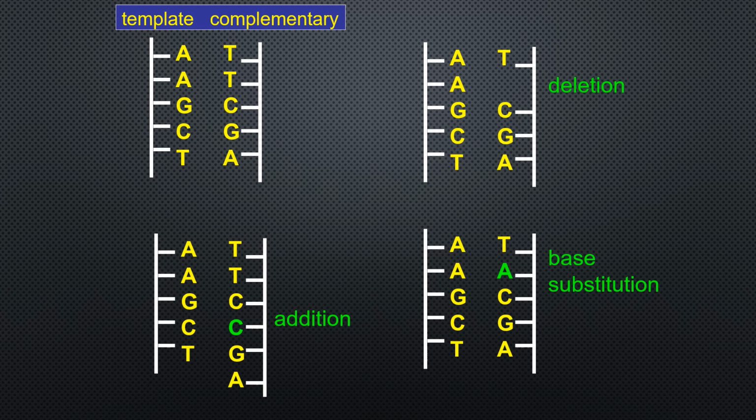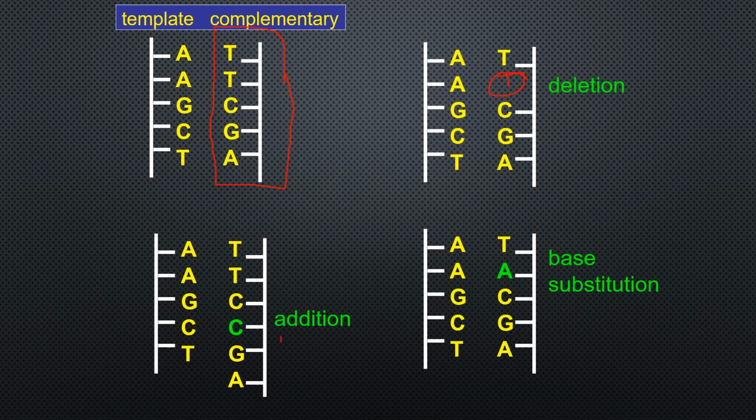Up here on the left is the correct version, our template and the complementary strand that is created. This is what we're expecting to find if everything goes right. Sometimes we have a deletion, so the missing T that should be here isn't here.